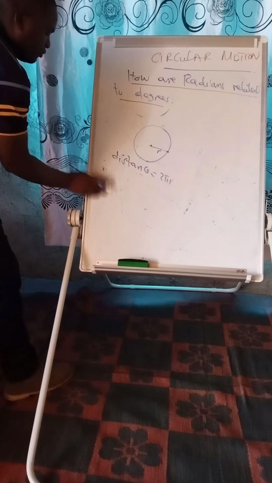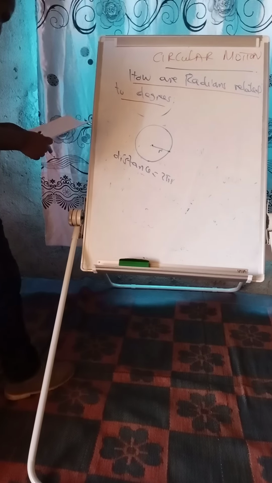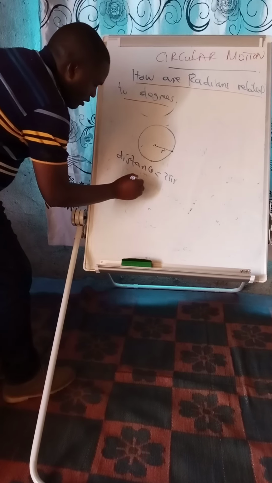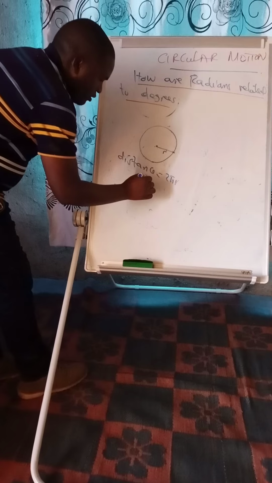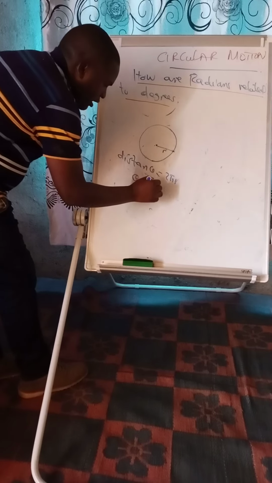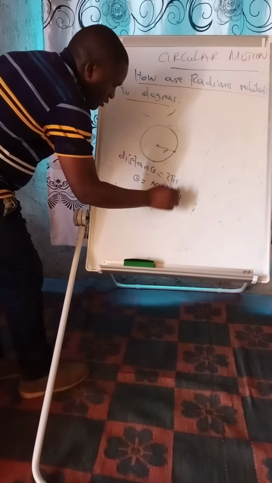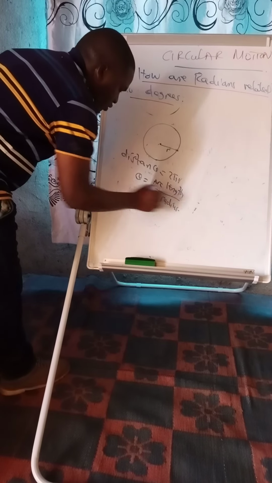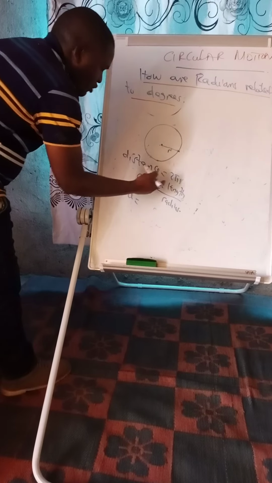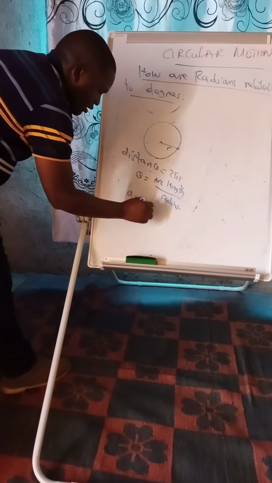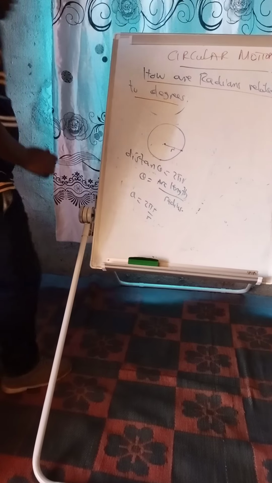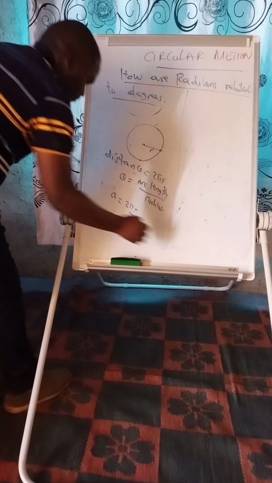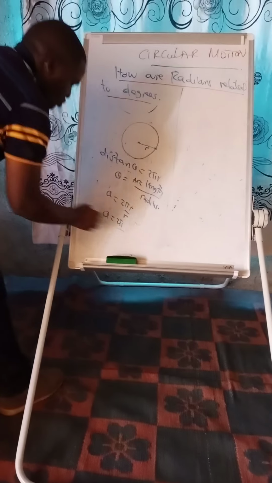So now we say angle theta is arc length over radius. So our arc length now is 2 pi r over radius, so it will be equal to 2 pi.